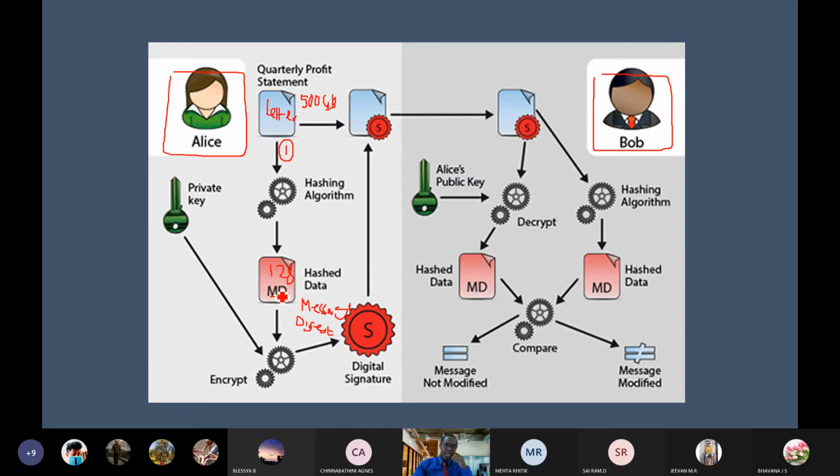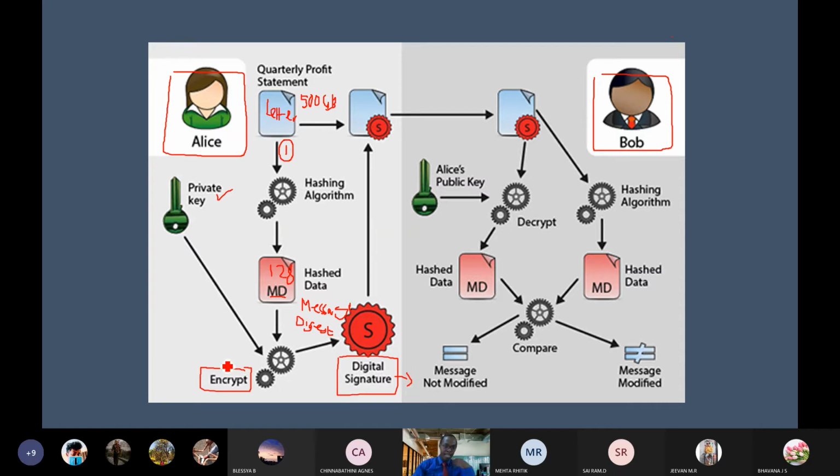On this 128 we also want to apply encryption, by providing the key to encrypt the message. After encrypting the message, we send it along with the digital signature for data integrity. No modification should happen.